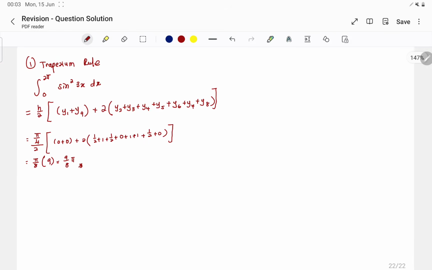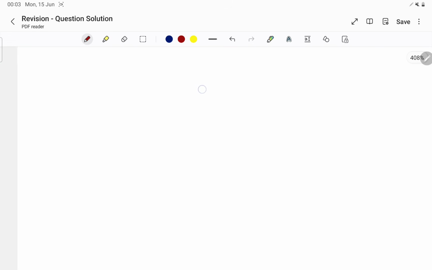Now we proceed to the next one, which is Simpson's rule. Simpson's rule is also similar, but it's not complex. For Simpson's rule, you have to remember this. The first and the last term you have to add.